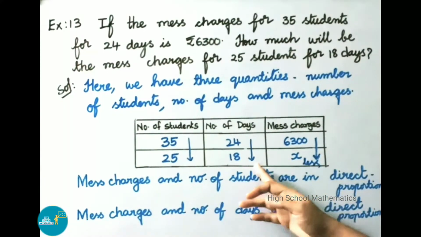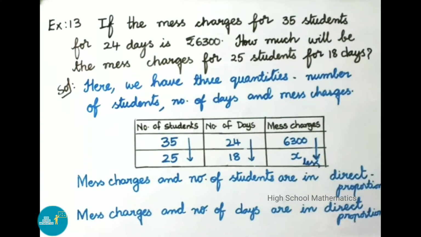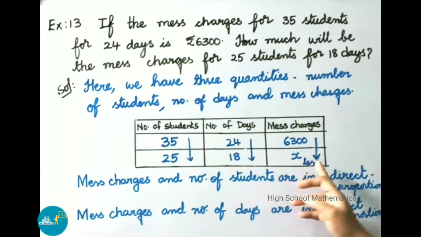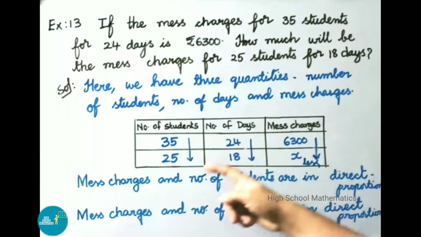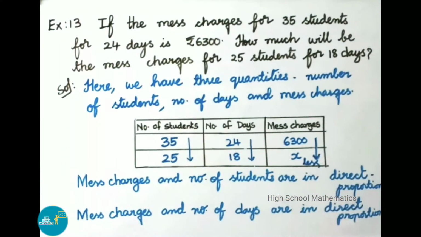So these are also in direct proportion. Mess charges and number of students are in direct proportion, and mess charges and number of days are in direct proportion.